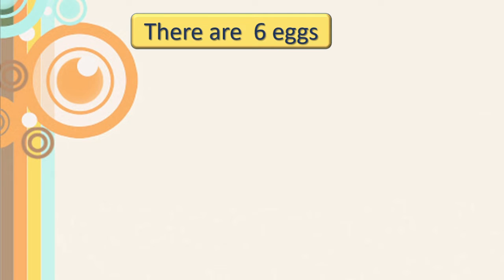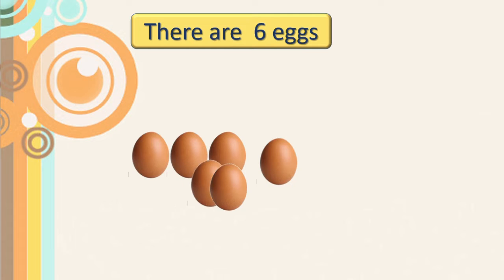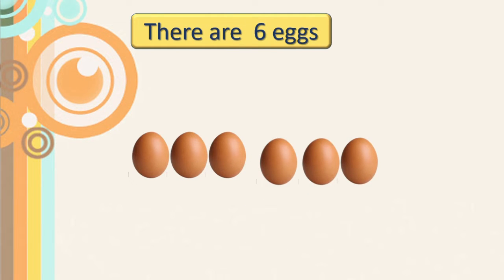Okay, here is one sum. See here, there are 6 eggs. Can you see here? 3 plus 3, there are 6 eggs. Okay, now what to do here? We have to make half of this. Now this is 1. I will take this second and I will take this third. Now here we divided this 6 into half.